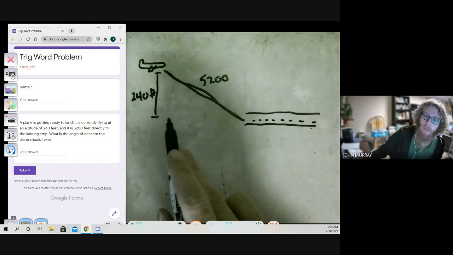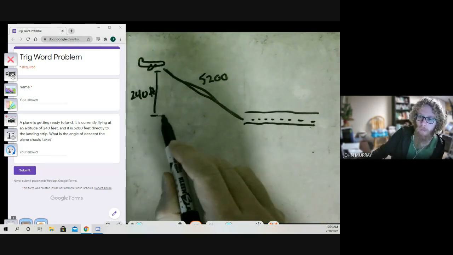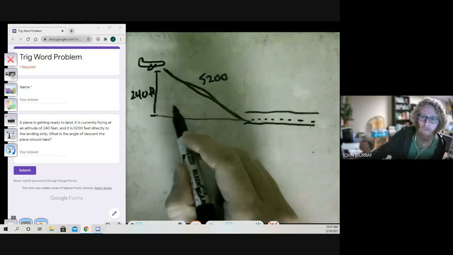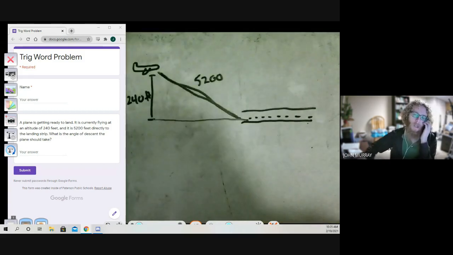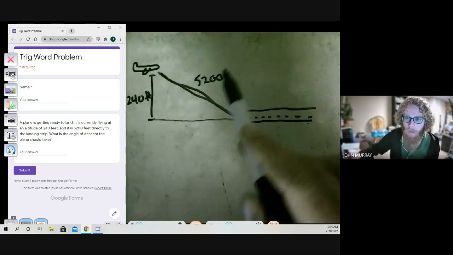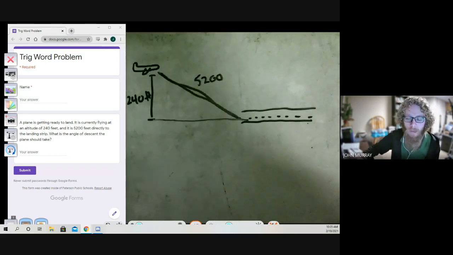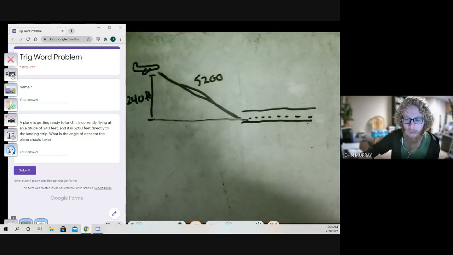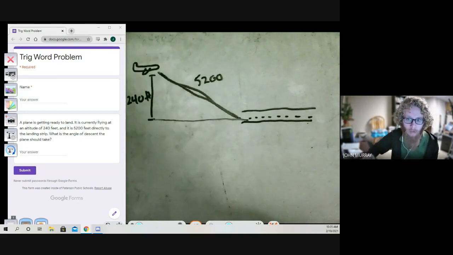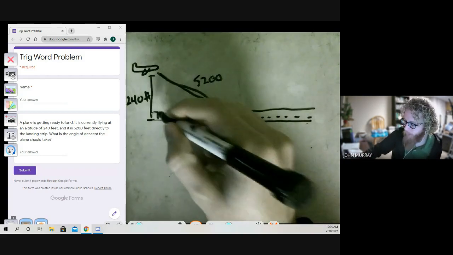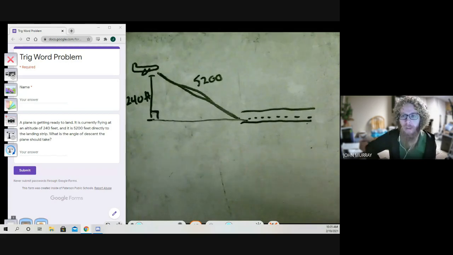I do understand if you thought that it would be the bottom. All right. So I'll go over the problem again with the 5,200 down here. And if you did it that way and you got that answer correct, I'll give it to you, just because I was a little unclear with the definition.